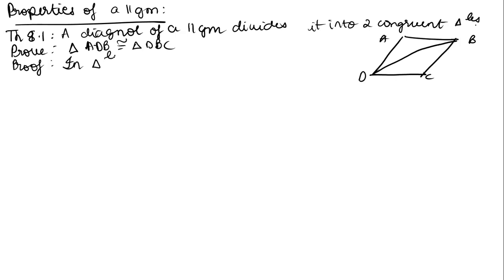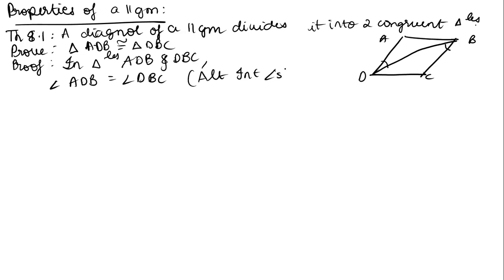So in triangles ADB and DBC, very simple, I can say that angle ADB, this one, is equal to angle DBC, that is this one, right? So these are alternate interior angles, since BC is parallel to AD.